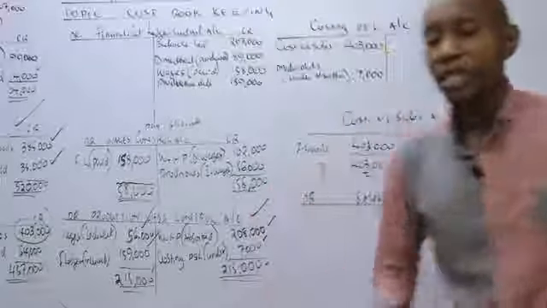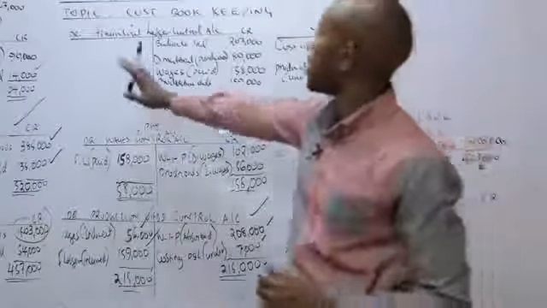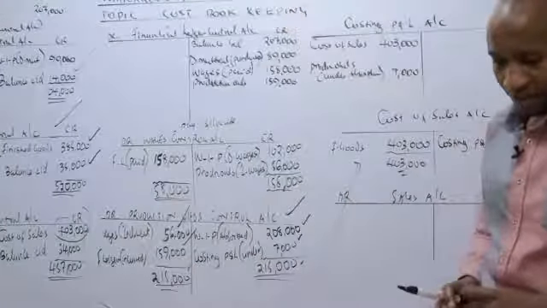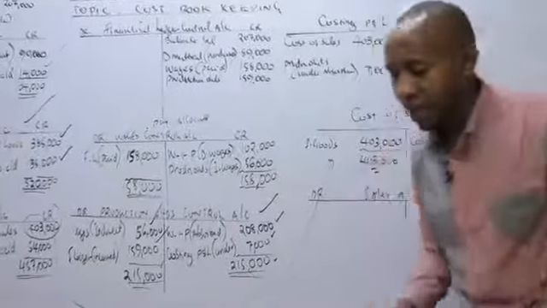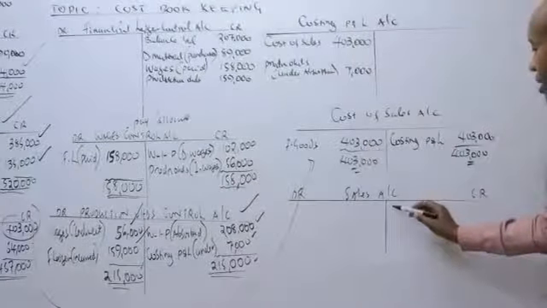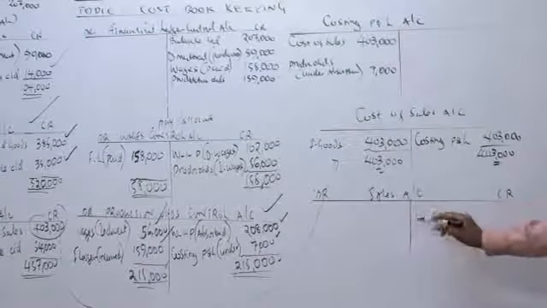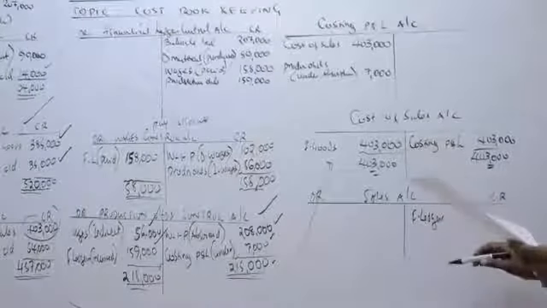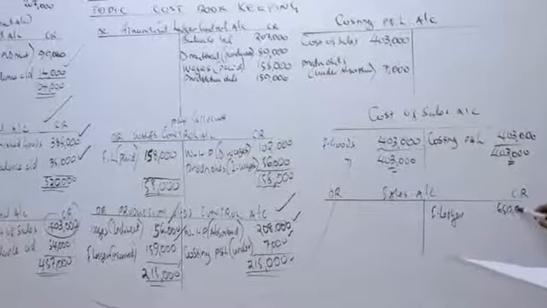So when you sell, we credit sales, and then the double entry must go to the financial ledger control account. I hope that's clear. You know that sales account has a credit balance, so we will say here, financial ledger, sales of 650,000.